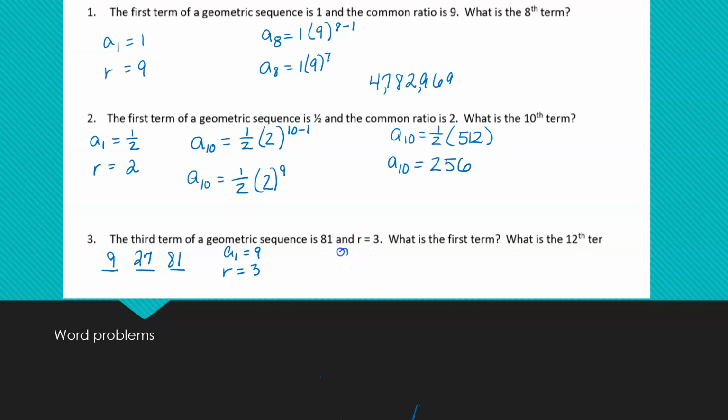So we have the 12th term is equal to 9 times 3 to the 12 minus 1 power, which gives you 3 to the 11th power. I'm going to do that first.